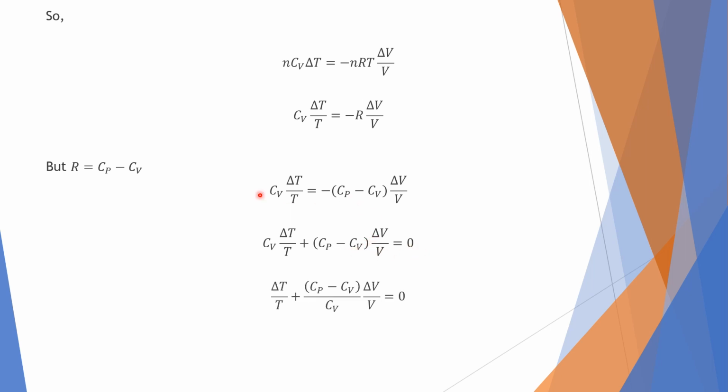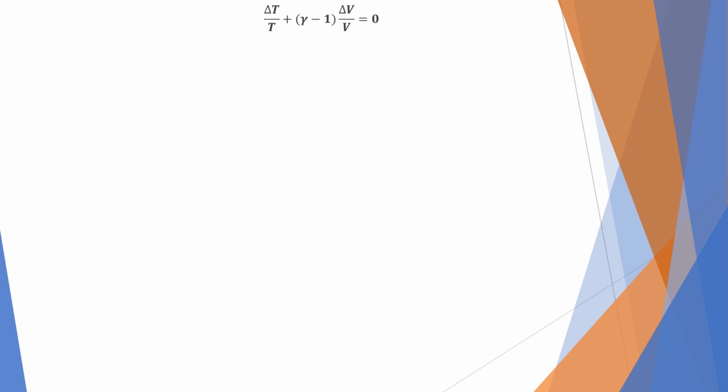Divide the above equation by Cv. Delta T upon T plus (Cp minus Cv) upon Cv into delta V upon V is equal to 0, or delta T upon T plus (Cp upon Cv minus 1) into delta V upon V is equal to 0. So Cp upon Cv is gamma. The equation changes to delta T upon T plus (gamma minus 1) delta V upon V is equal to 0.